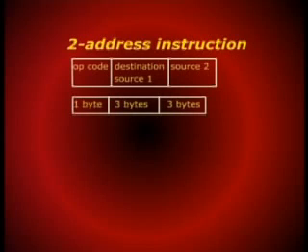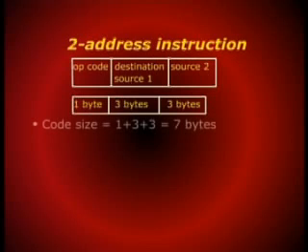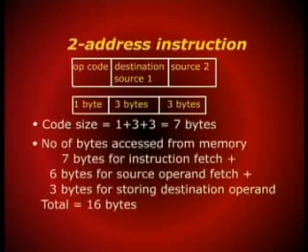If we have a 2-address instruction having opcode followed by the destination and one of the source addresses, the total code size per instruction would be 7 bytes, and the number of bytes accessed from the memory would turn out to be 16 bytes.